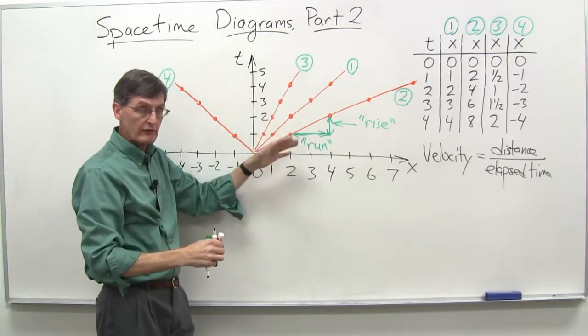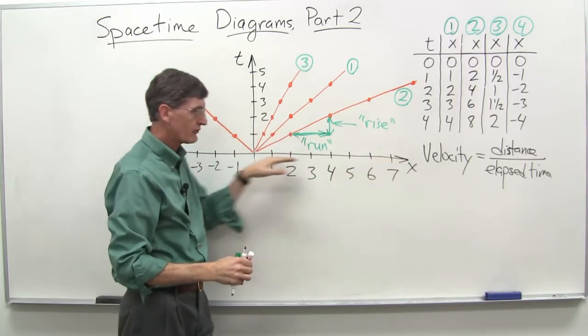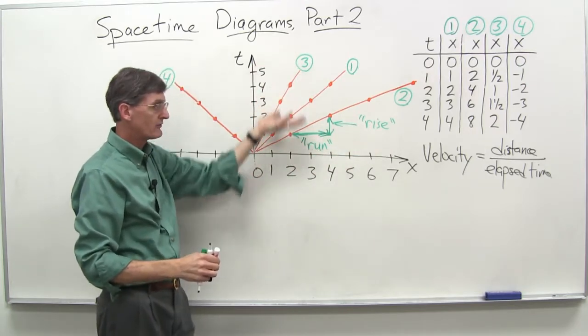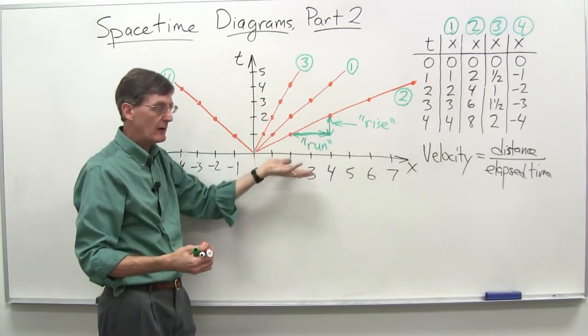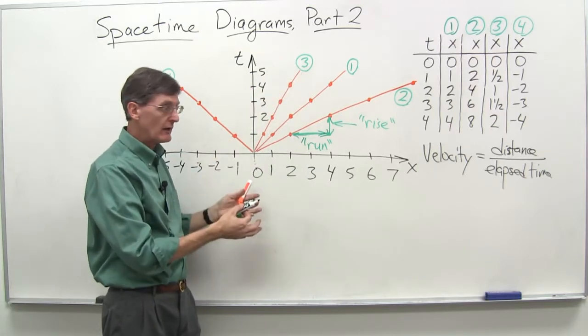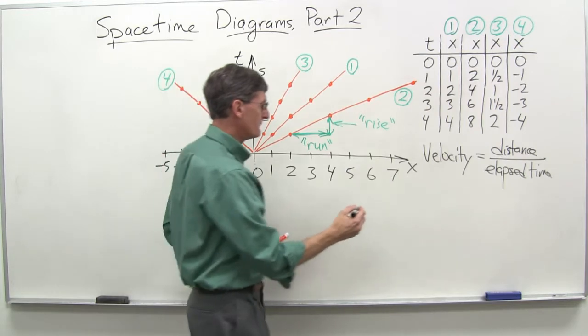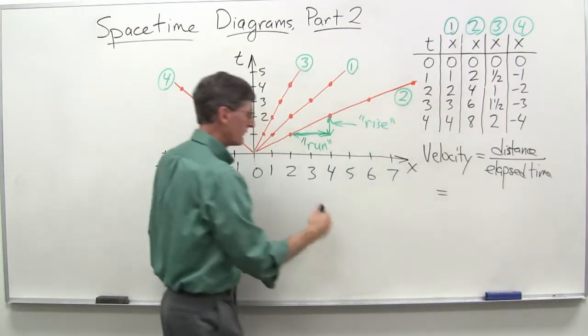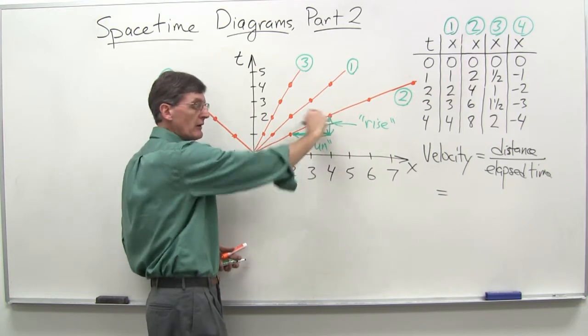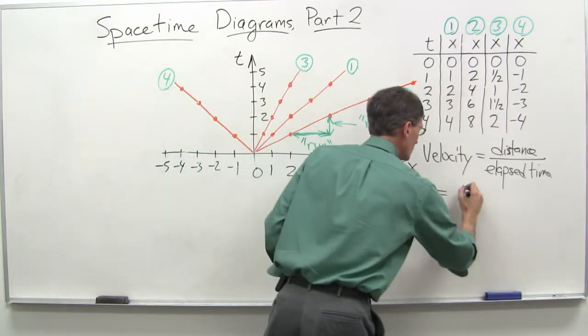Run on our space-time plot represents x distance, how far it's gone along the x-axis. Rise represents distance, in a sense, in time, how much time has elapsed. So we can say that on our space-time diagram, velocity equals, remember, velocity is distance divided by time, velocity is run divided by rise.